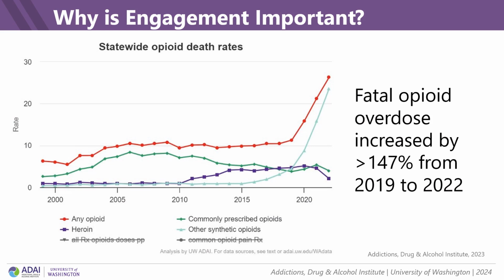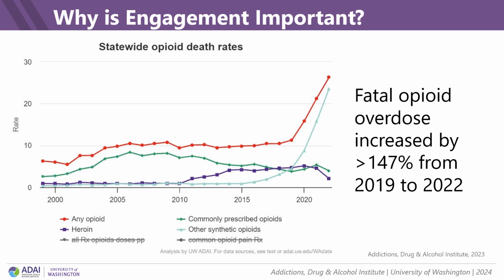And here we see evidence of this. This is a slide that's been shown in previous videos. It's a graph showing the Washington statewide opioid death rates starting around 2000, going up until the year 2022. And what we can see, indicated by this red line, is that overdose death rates from any opioid in the state have increased dramatically between 2019 and 2022.